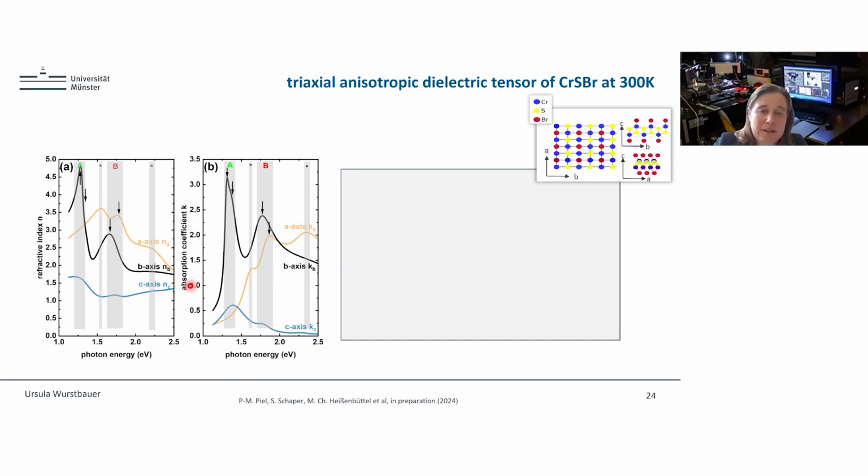At the fundamental excitonic transition, called A, at about 1.25 electron volts, we have more or less only a contribution from one axis, while we then have a combined contribution in this higher energy range from 1.55 to about 1.8. And if you go to even higher energies, then the A-axis is still more prominent.